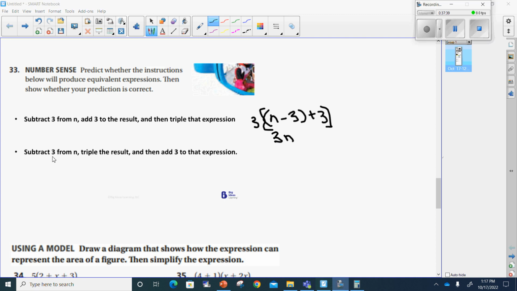All right, the next one says subtract 3 from n. So again, I will take n minus 3. Then triple the result, so I will multiply this times 3. And then add 3 to that expression. So I'll add 3 at the end. So 3 times n would be 3n. 3 times negative 3 would be negative 9. Negative 9 plus 3 is going to give me negative 6.